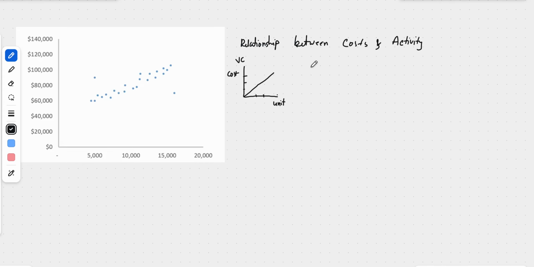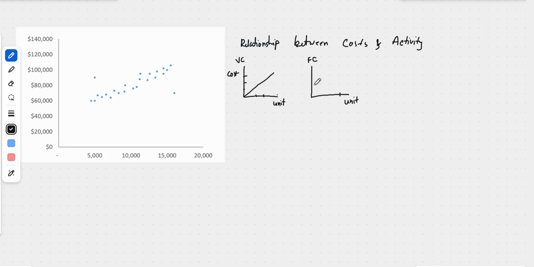Now let's have a look into fixed cost. Fixed cost, no matter what, has nothing to do with the number of units. If you produce 0 units, or you produce the maximum amount of units, your fixed cost is going to be fixed.